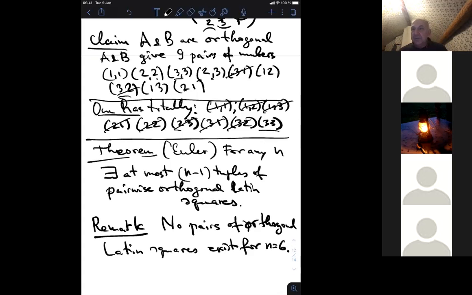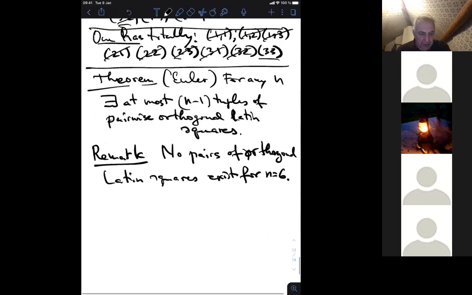And finally, let me finish with the following statement, which connects affine planes with Latin squares. And with this additional remark, this connection will imply that no affine planes with rank equal to 6 exist.